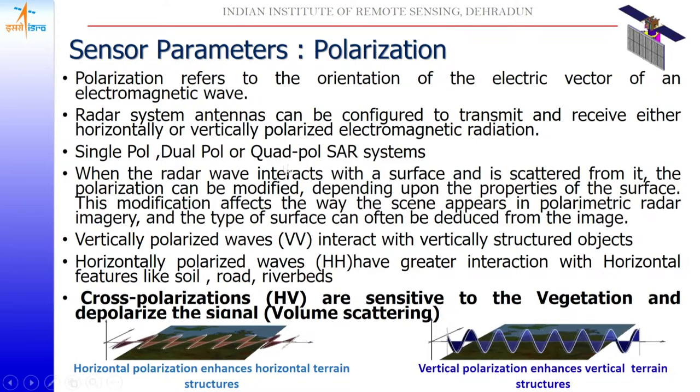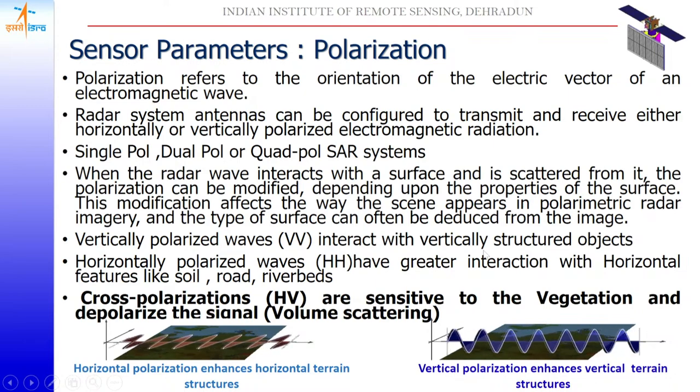When the radar wave interacts with the surface and is scattered from it, the polarization can be modified depending upon the properties of the surface. This modification affects the way the scene appears in polarimetric radar imaging, and the type of surface can often be deduced from the image. So we send a signal with some polarization, and when it interacts with the Earth's surface, it modifies the polarization. It can enhance or reduce the backscatter energy.